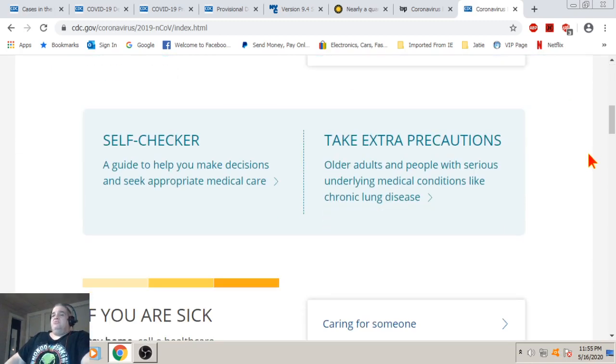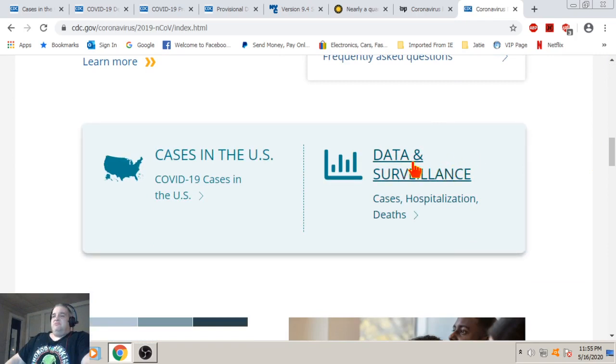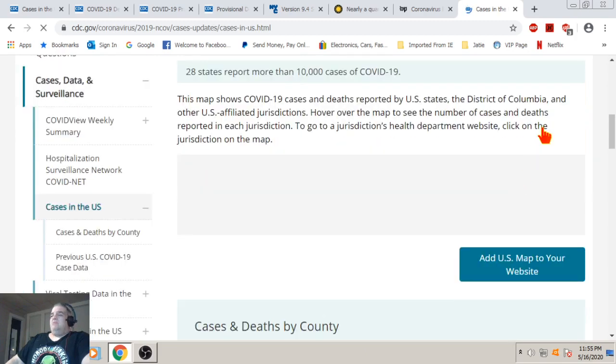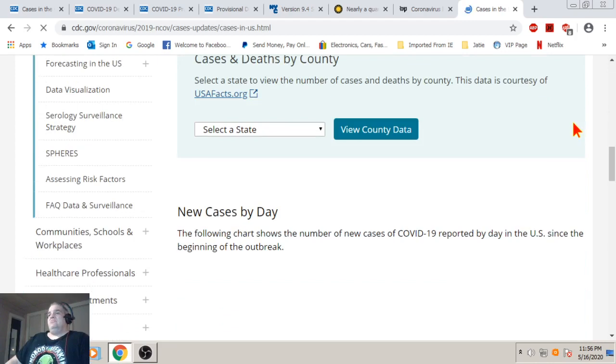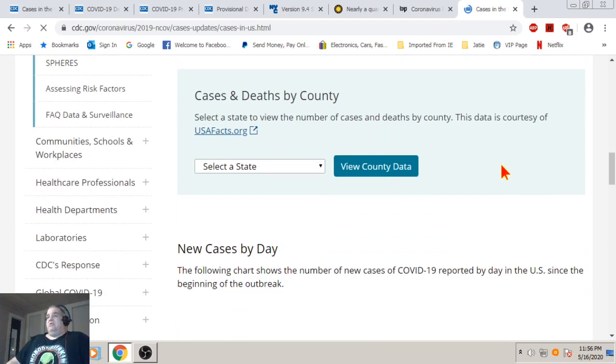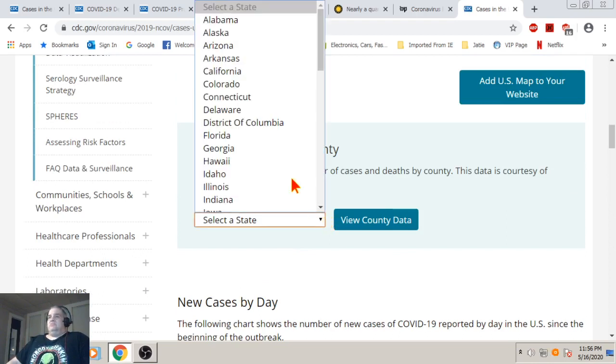You can do the data surveillance, which also brings you back to this, or vice versa. Get the cases in the United States first. You'll get the page I've been showing you. Down below, something they added in is the cases and deaths by county. You select your state, go to New York.